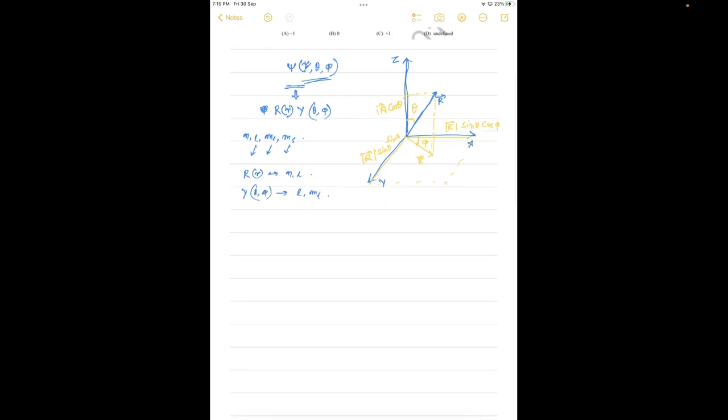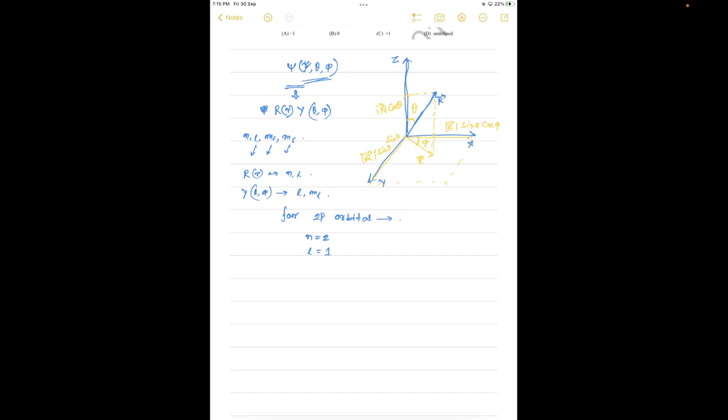Now for a p orbital, let's say for the 2p orbital, here n equal to 2, the principal quantum number. For any p orbital, l will be equal to 1.